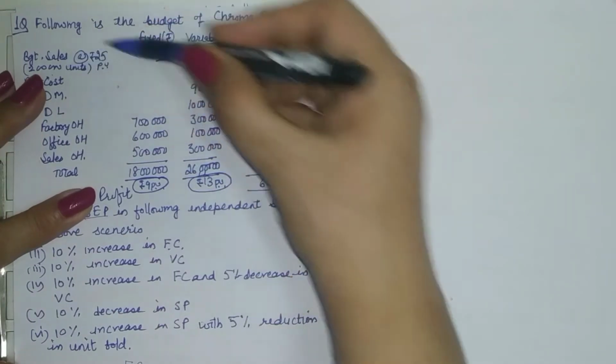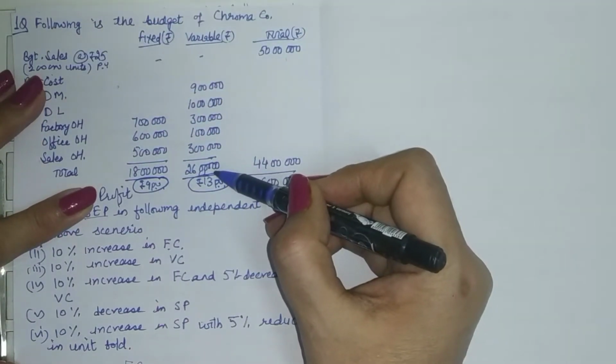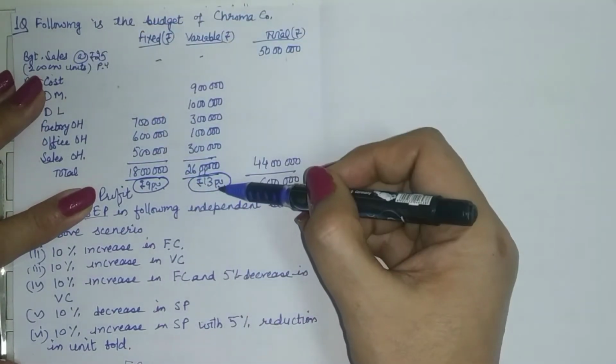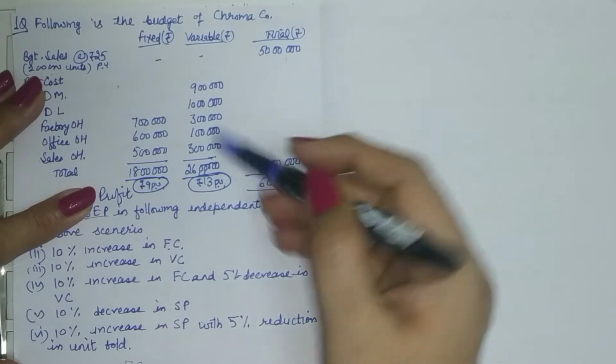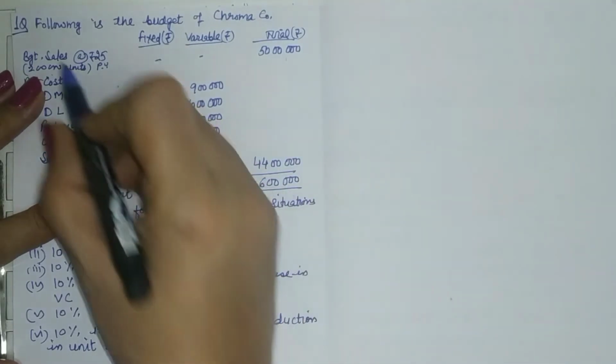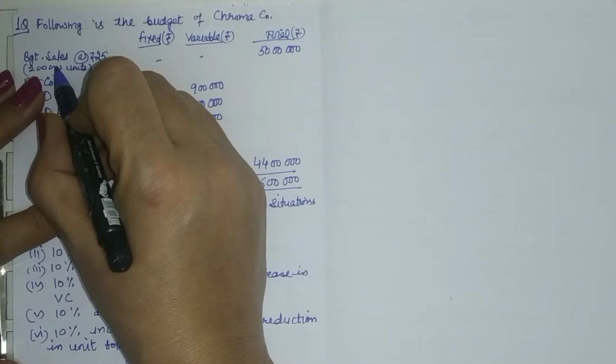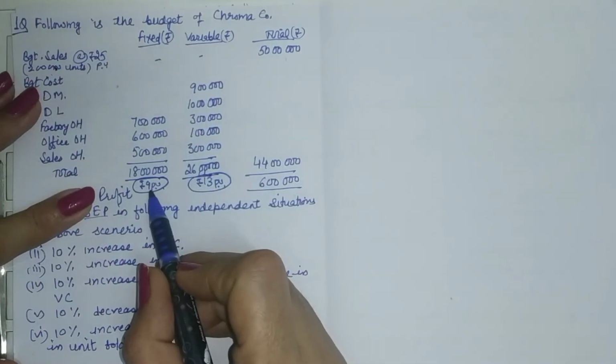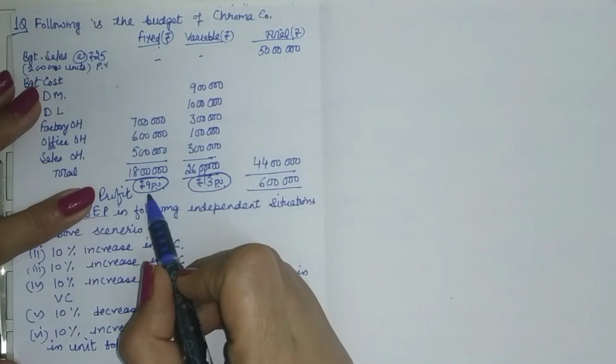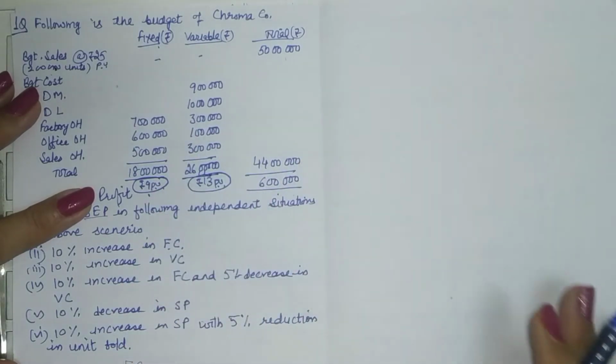So if for 2 lakh units, variable cost is 26 lakhs, it means per unit it is going to be 13. Right? 26 lakh total cost divided by activity, that is 2 lakh units. Same fixed cost per unit can also be determined if the need be.